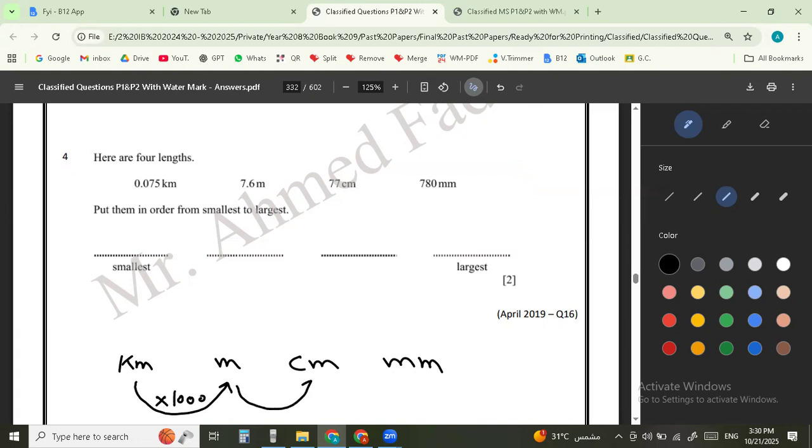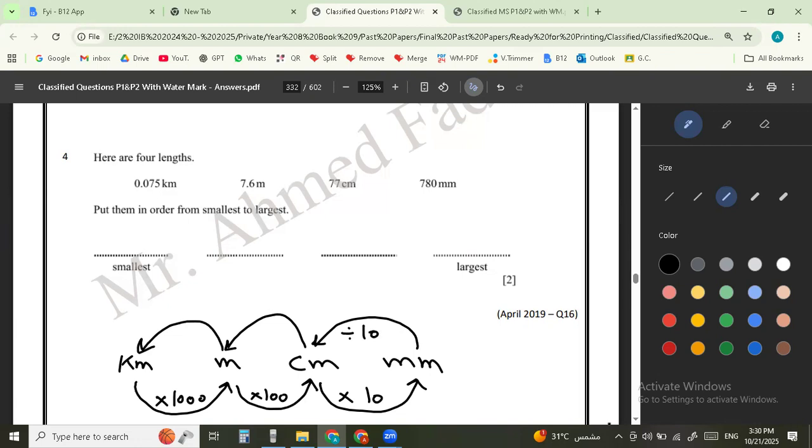While from meter to centimeter, you multiply by 100. And from centimeter to millimeter, you multiply by 10. If you wanted the opposite direction, you're going to do the same thing exactly, but division, not multiplication. So you're going to divide by 10, divide by 100, divide by 1,000.